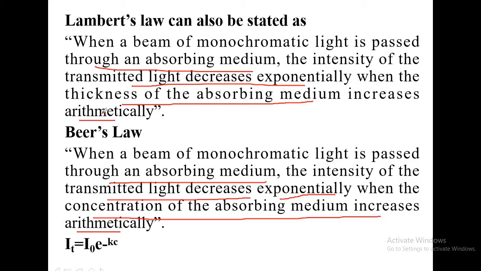If you compare Beer's law with Lambert's law, the only change is that instead of thickness you have to use the word concentration. Here thickness of the absorbing medium increases arithmetically. Here concentration of the absorbing medium increases arithmetically. As you go on increasing the concentration, the intensity of the transmitted light goes on decreasing.